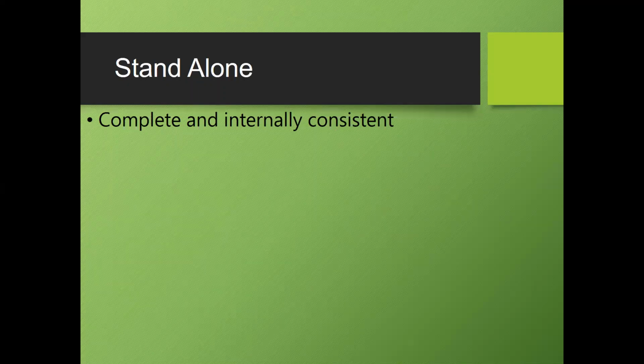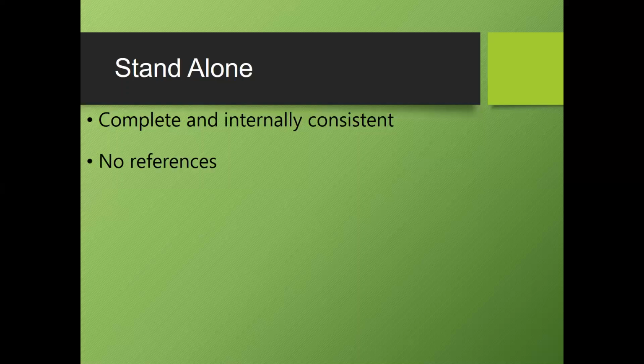So whatever you write in the abstract should at least honestly reflect the research that you have done and the results that you have gathered. So obviously you would put in only the most important results in your abstract, and they should actually make sense, which we call complete and internally consistent.